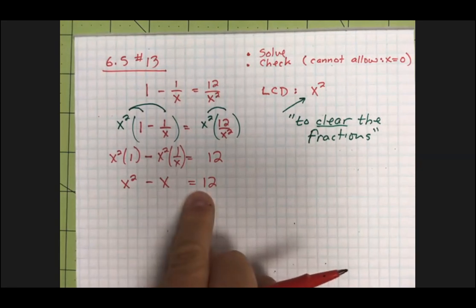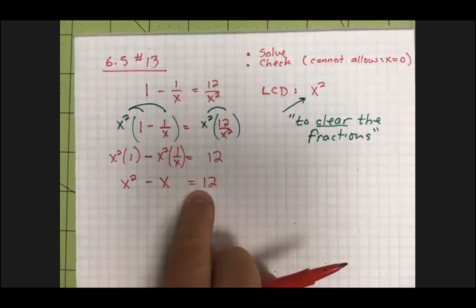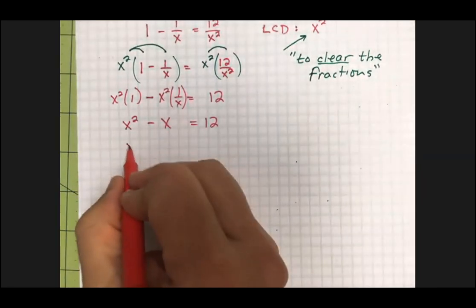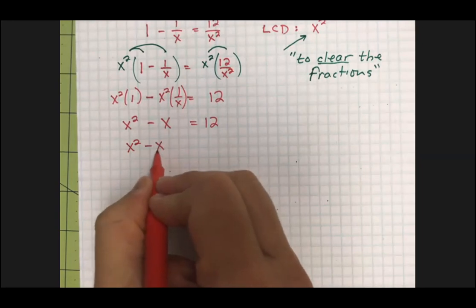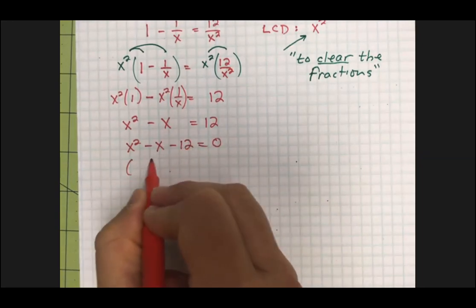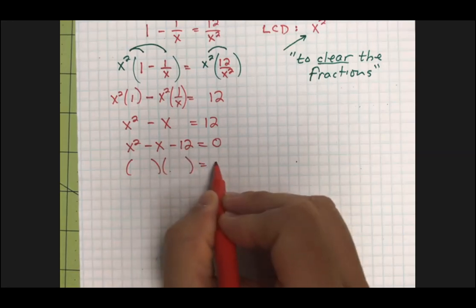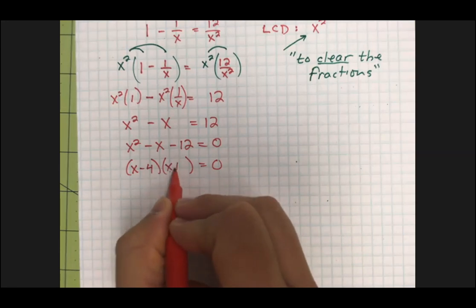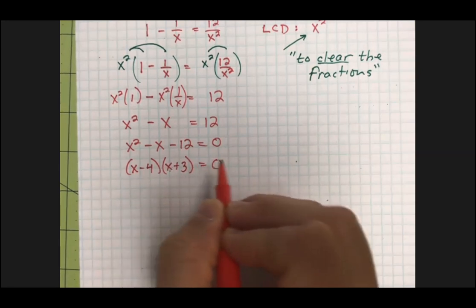Okay, now I've got this problem that looks like a potential factoring problem that we've done recently. How do we do this? Set the whole equation equal to 0. See if I can factor. And then see what the possibilities are. This factors into x minus 4 and x plus 3.